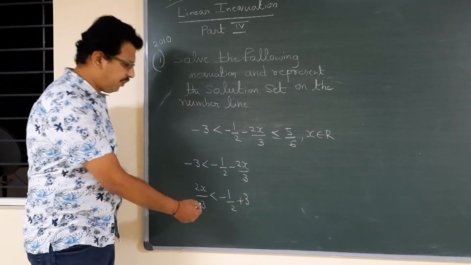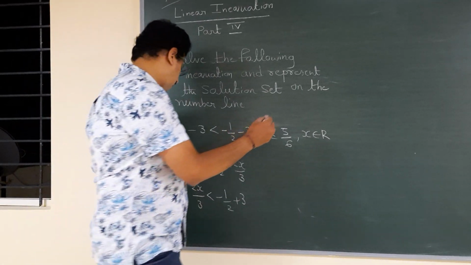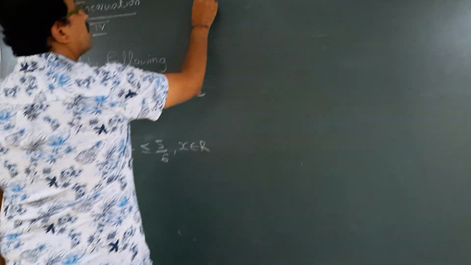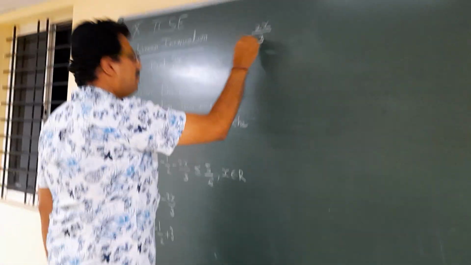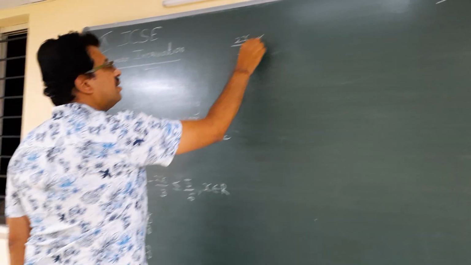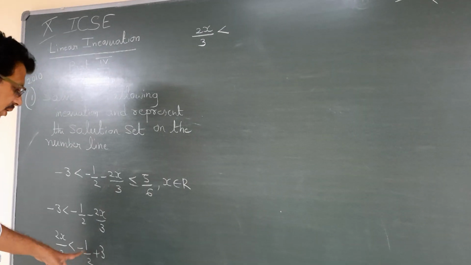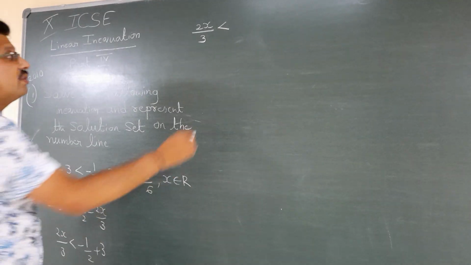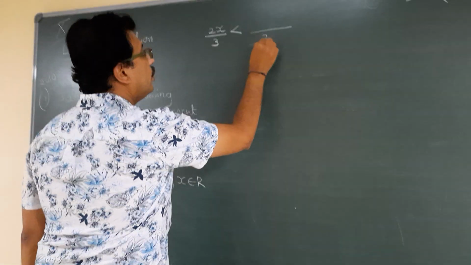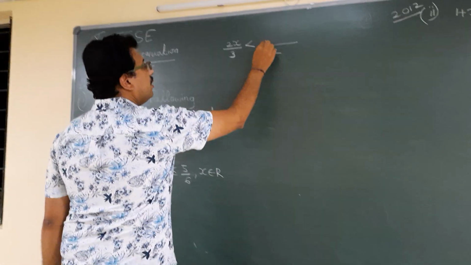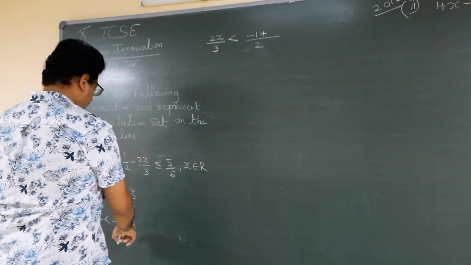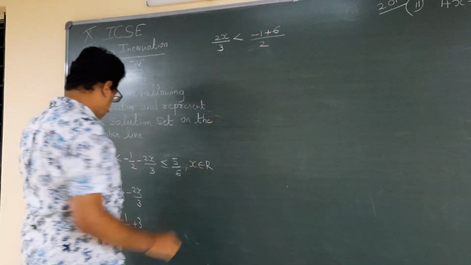You can take the LCM and do the simplification. 2x by 3 is less than, for 3 minus half, what is the LCM here? 2 is the LCM: minus 1 plus 6, because 2 threes are 6.